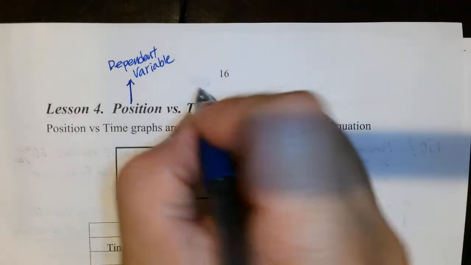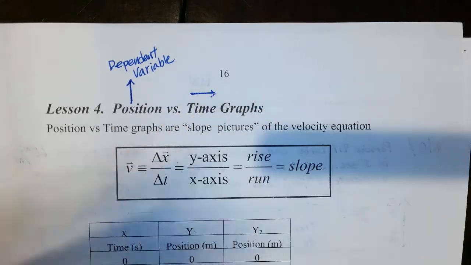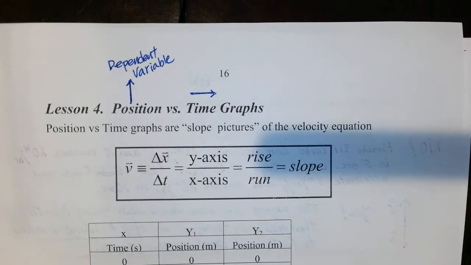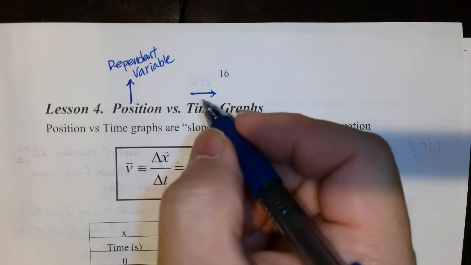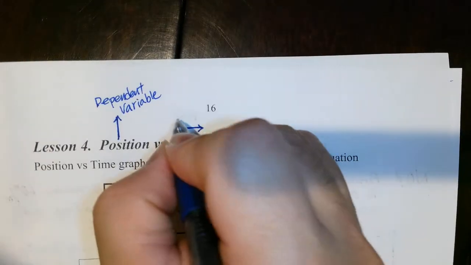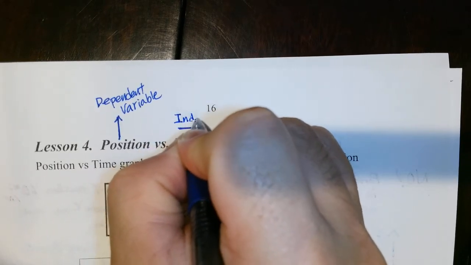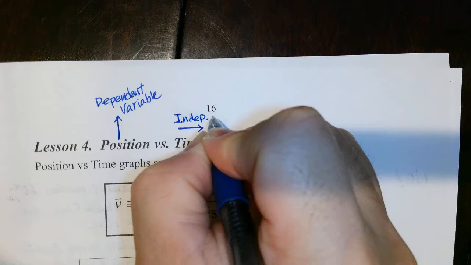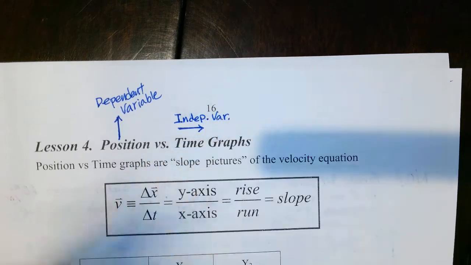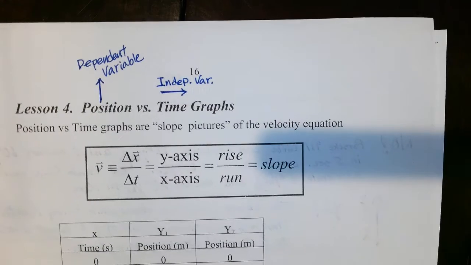Time, in physics class, most likely will be the horizontal axis. And time, or the horizontal axis, is an independent variable. Independent variable. Okay?